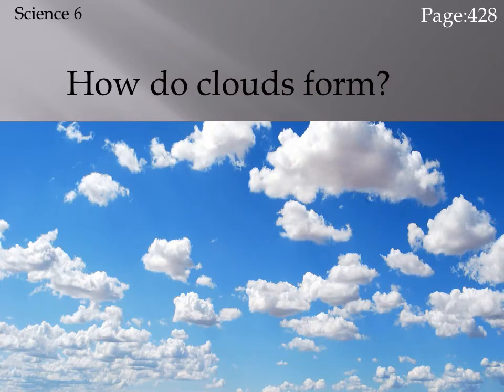How do clouds form? Page 428. When you look at the clouds, you are seeing millions of tiny water droplets or ice crystals. Clouds form when water vapor in the air condenses to form liquid water or ice crystals.